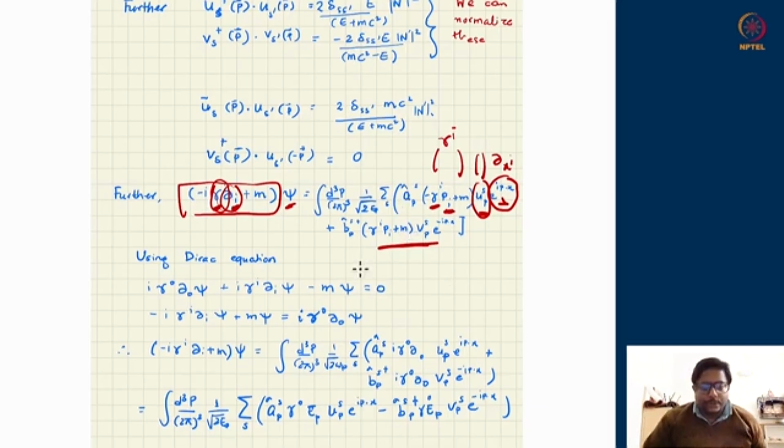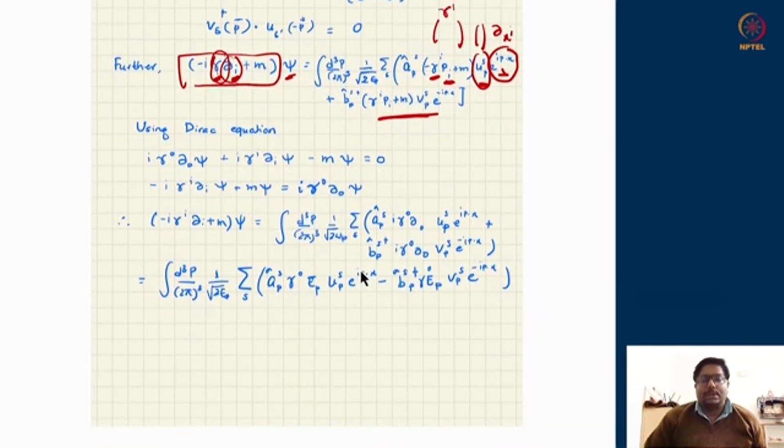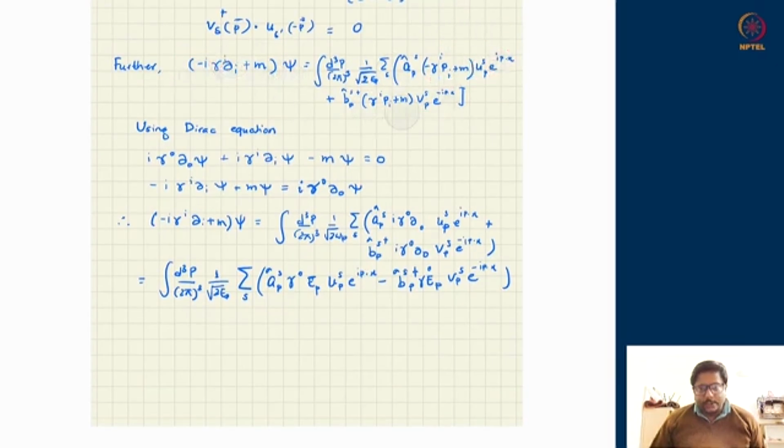Okay, so far so good, but there is another, easier, more convenient way of obtaining the action of this operator. You can do this exercise also, and find out what happens at the end of the day. But an easier way is this: use the Dirac equation. I know the Dirac equation is i gamma mu del mu psi, not gamma i del i, which is required over here. So I write it like this.